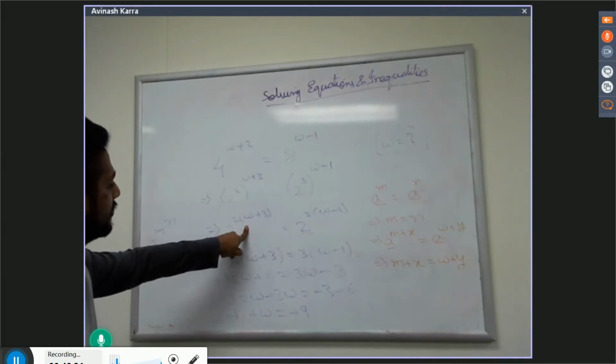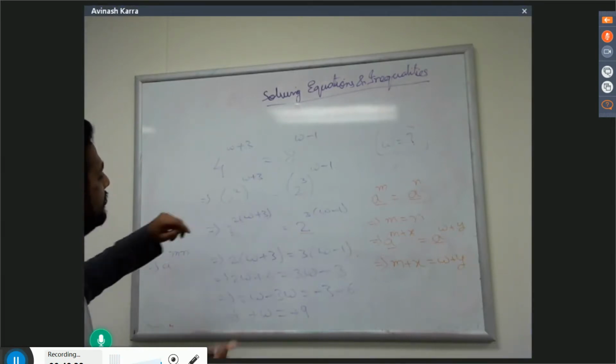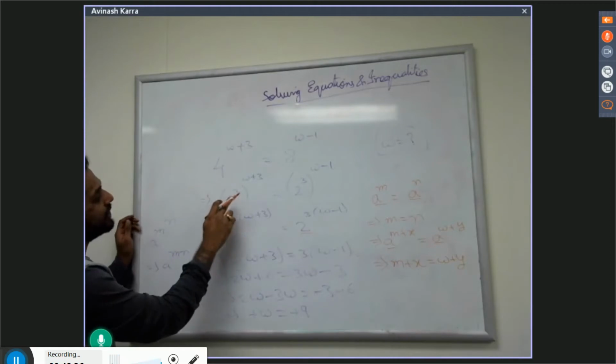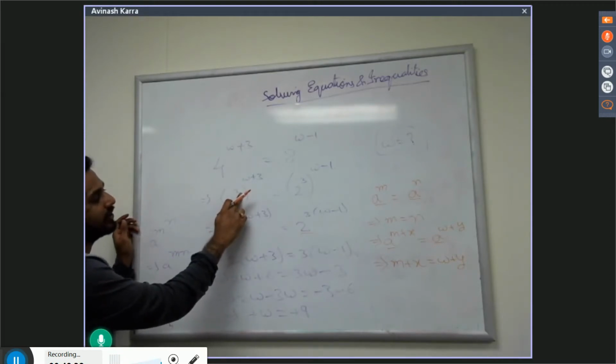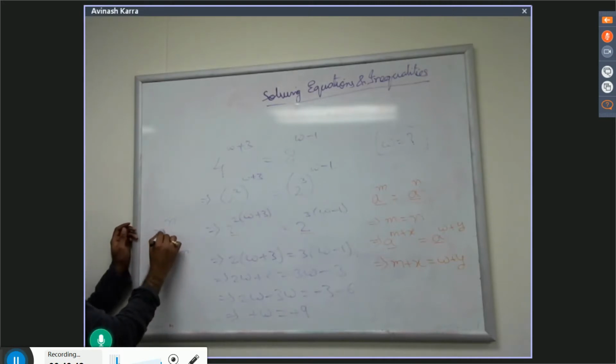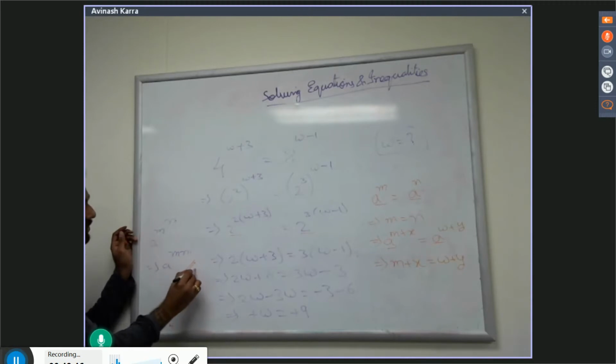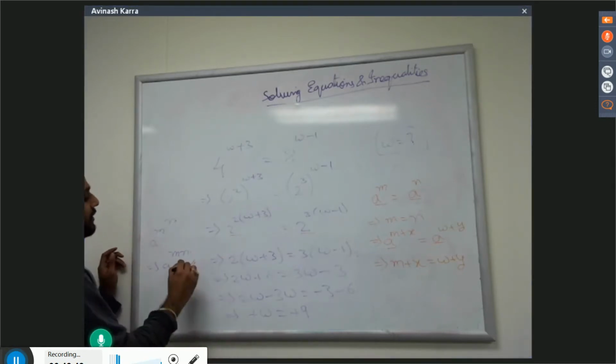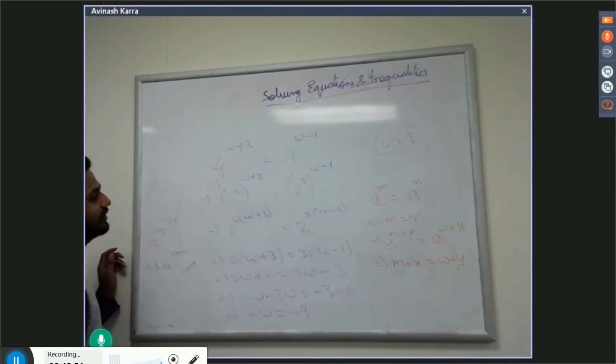Why didn't you solve 2 to the power of 2? See, I'm representing 4 as 2 to the power of 2, right? When I simplify this, what happens? a to the power of m to the power of n is equal to a to the power of mn. Yes? Okay. So I'm using this formula over here.